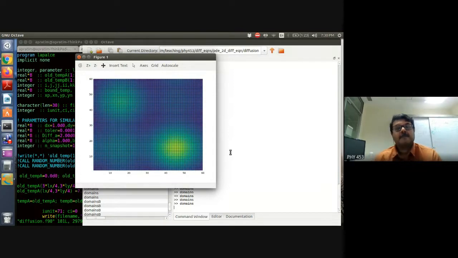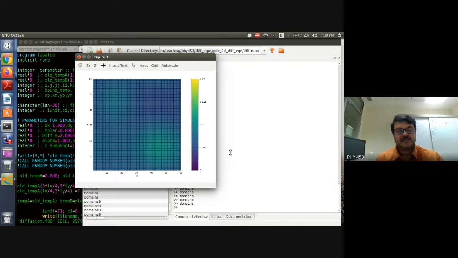And now you see that it is really becoming uniform over the entire box. Remember, this range is 0.02, right? So basically the average density all over the 60 cross 60 lattice sites is approximately close to 0.01, corresponding to this color.